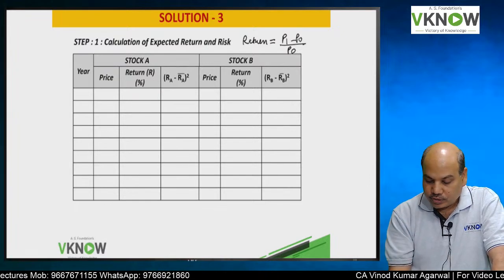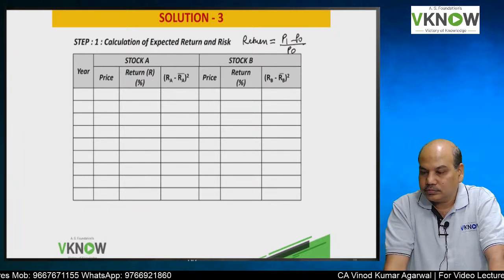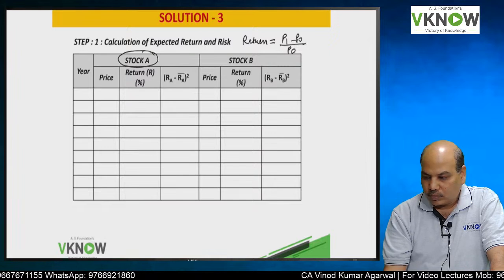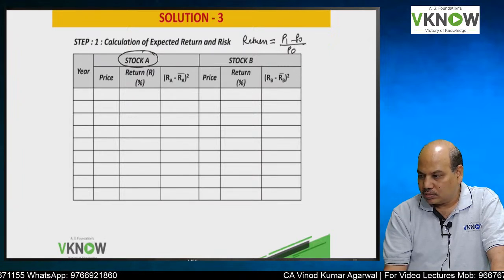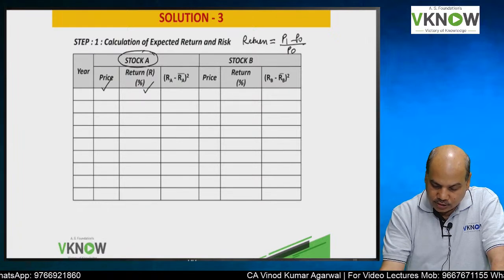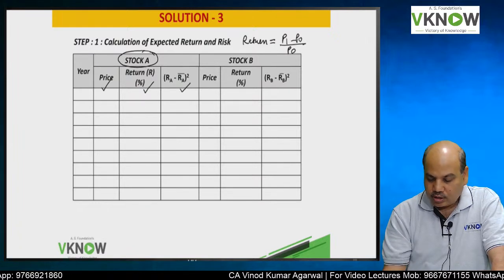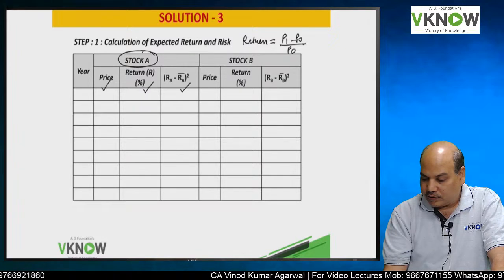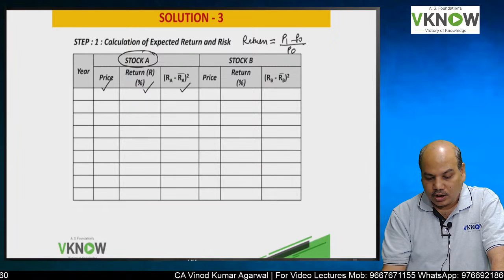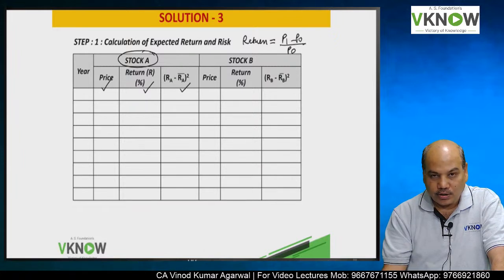First column year, then write stock A. Under stock A, 3 columns: price, return in percentage, RA minus RA bar square.